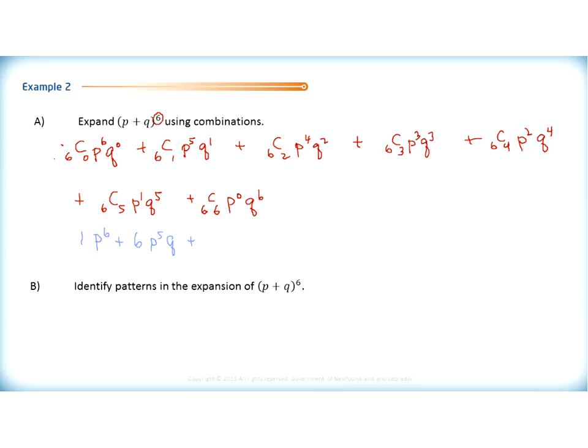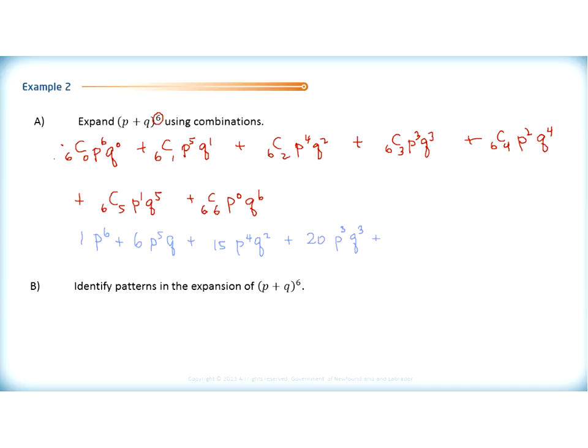So 6, math, go over to probability, go down to the C of n choose r. 6 choose 2 is 15. 15 p to the 4, q squared. Plus the C of 6 choose 3. Do it again on your calculator. Oops, I made an error. And you get 20. 20 p cubed, q cubed.